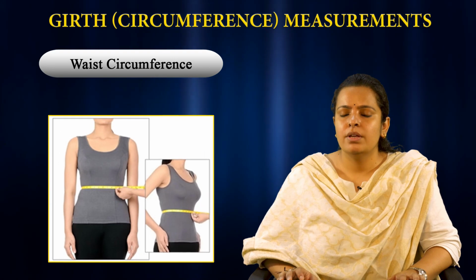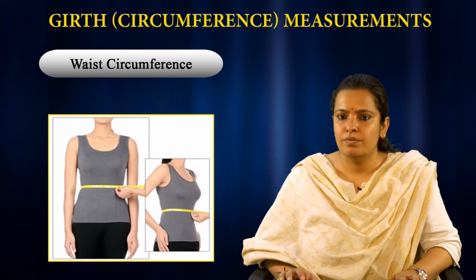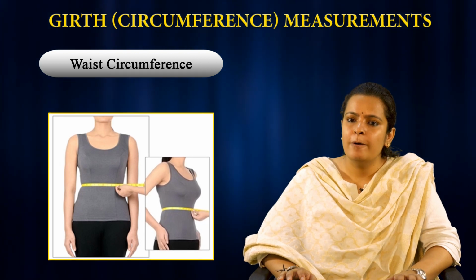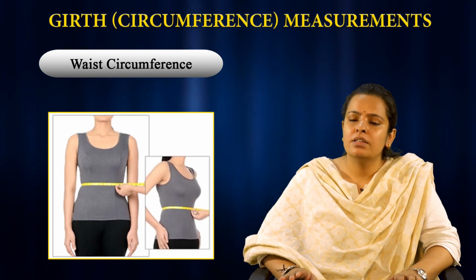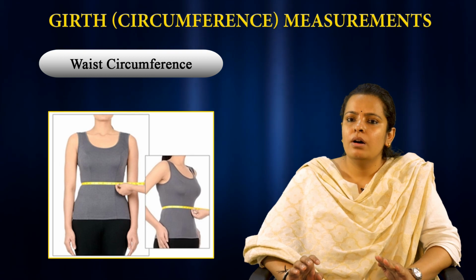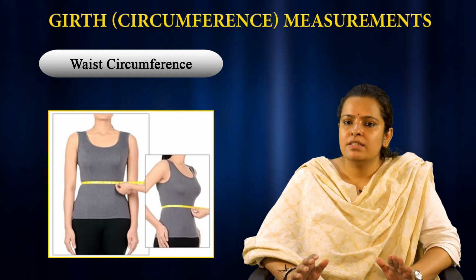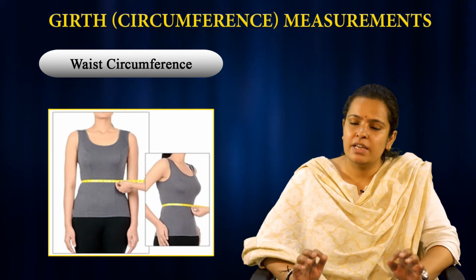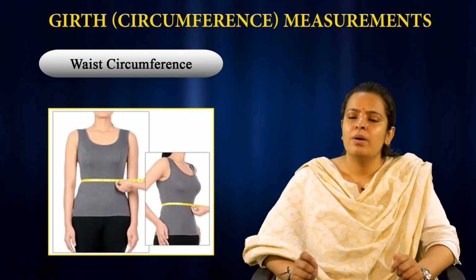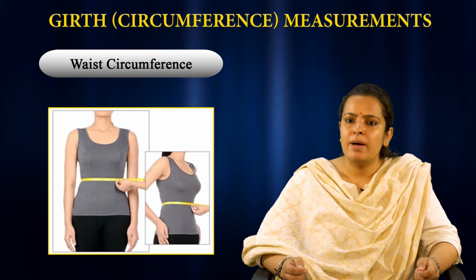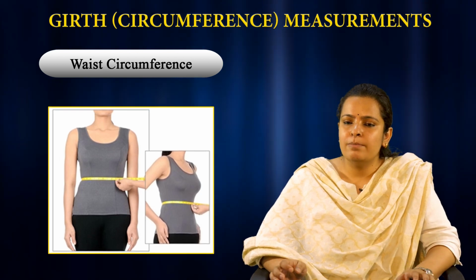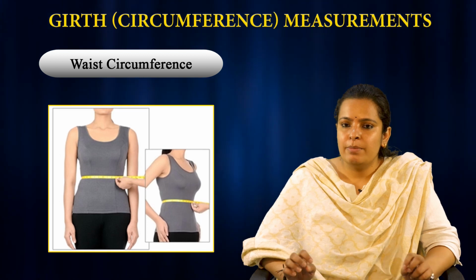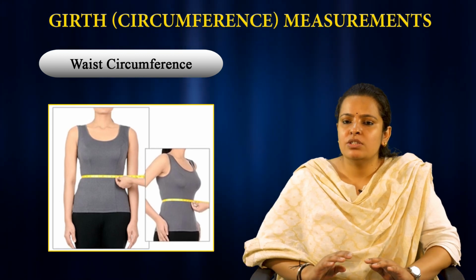Then we have the waist circumference. You can see clearly in this picture which part is taken as the waist circumference. In the same manner, we take the measuring tape from the back side. Be particular that the measuring tape is perpendicular to the body and not twisted.